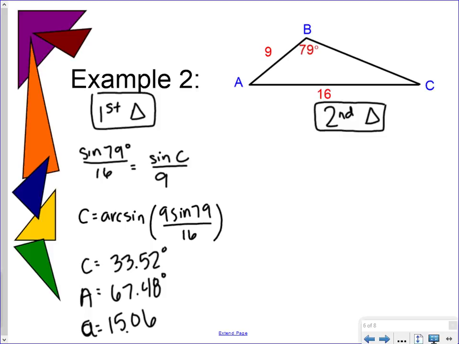Try to tell me what I'm going to do first to find my second triangle. You take C because that's the first angle that you found, and you subtract from 180.